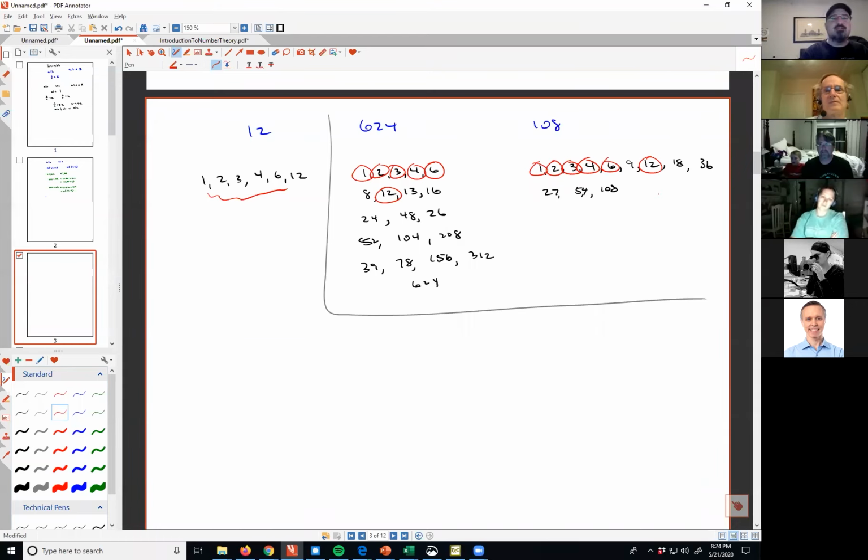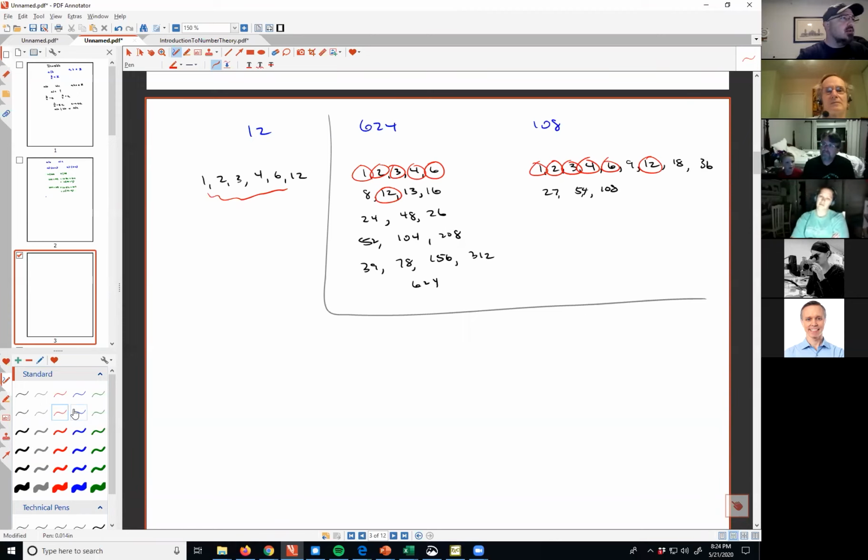In other words, the set of divisors of 12 is exactly the set of common divisors of 624 and 108. Okay, well, that's an interesting observation. Is that something that we can generalize? Is that something that always takes place?